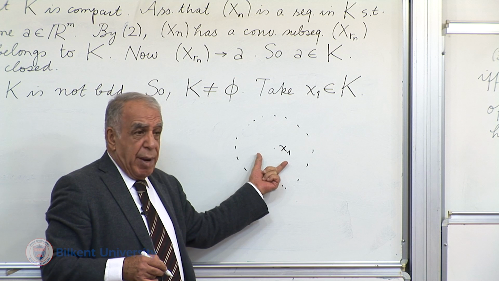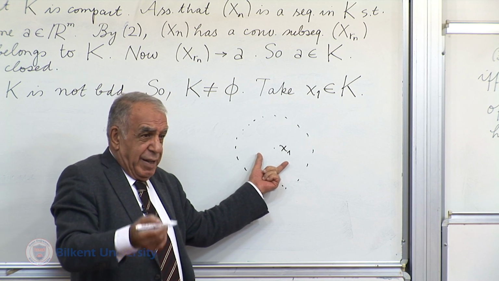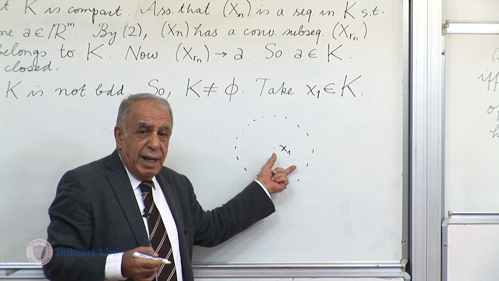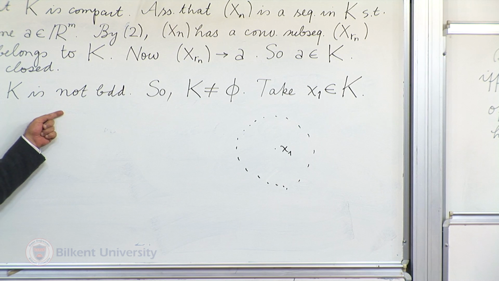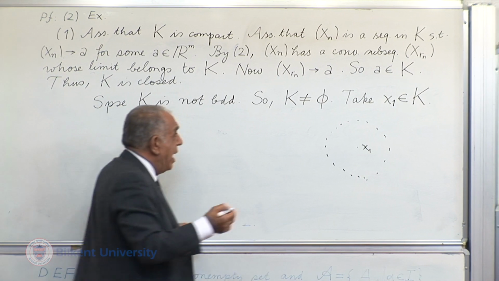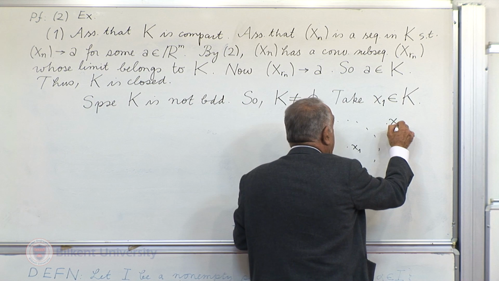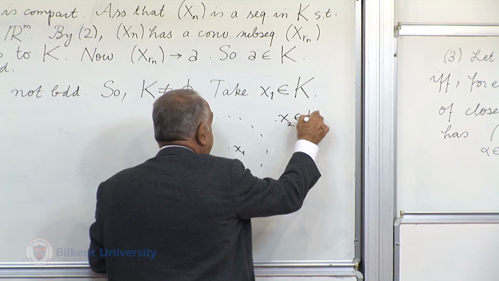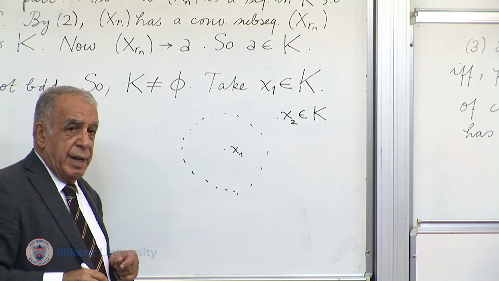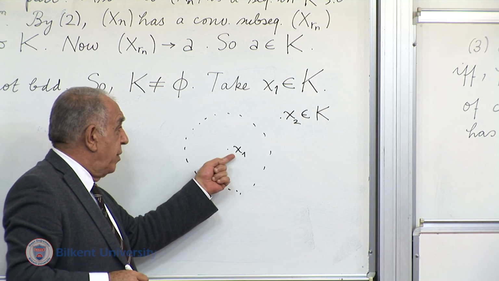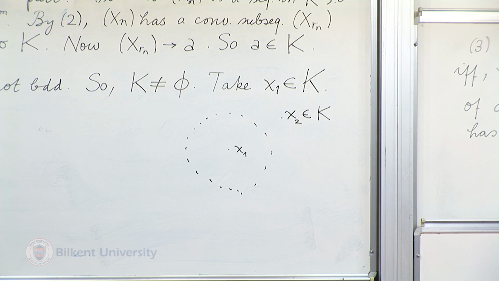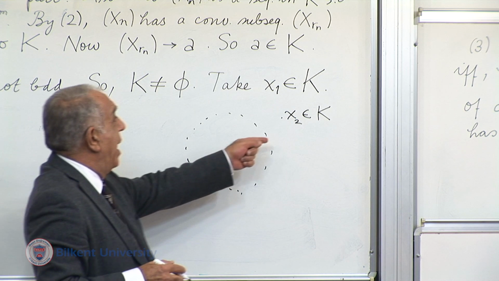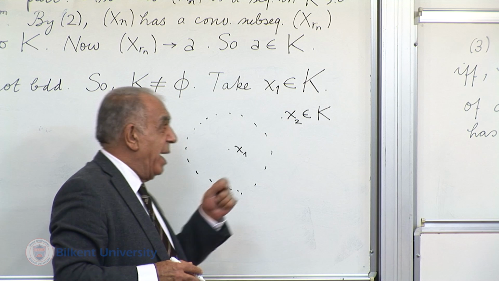Well, this one ball is bounded. Any subset of that is bounded. If K were contained within this one ball, it would be bounded, contrary to this supposition. So it will have some point outside, such that the distance from x1 to x2, the usual distance, will be larger than or equal to 1. So I can take that as the second term of my sequence.